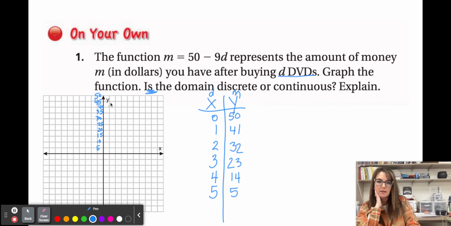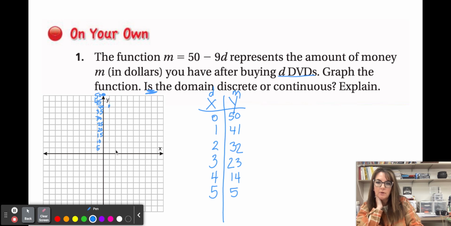So it puts the very top up here as our first one. Then we'll count by 1s. So we'll have 1 and 41, which would be about right there.